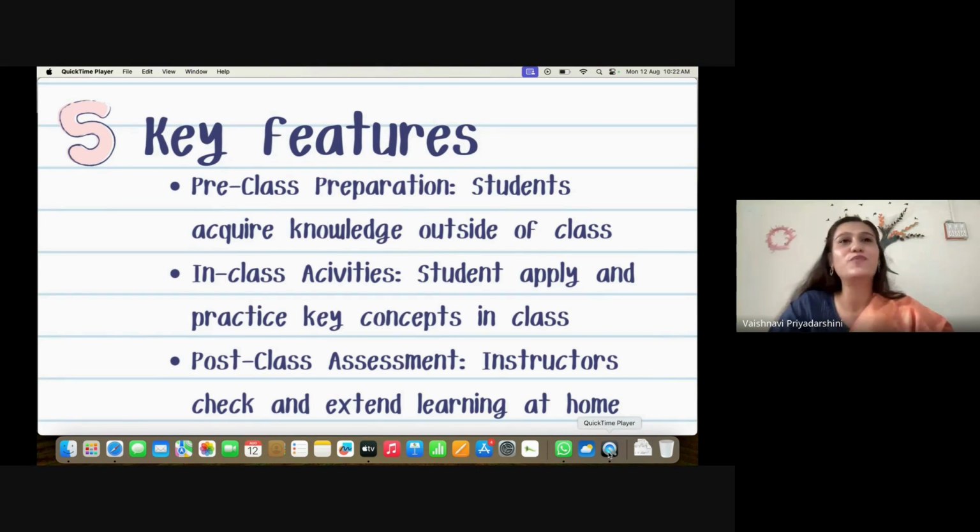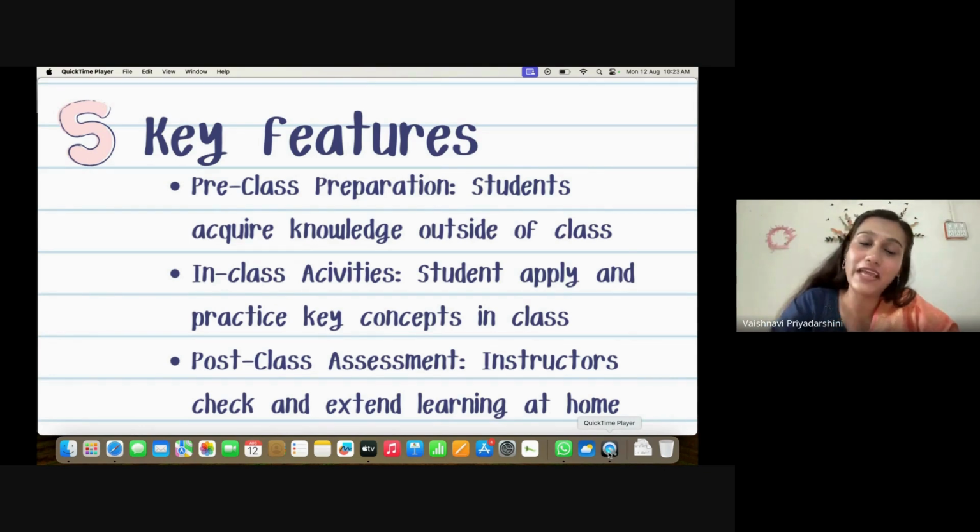So basically, the objective of pre-class preparation is to make the student aware of what the topic is, how it works, and what the key features of that topic are. When we go through any concept, we get to know the new terminologies related to it.